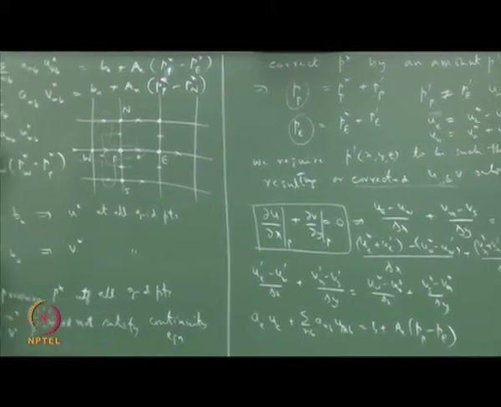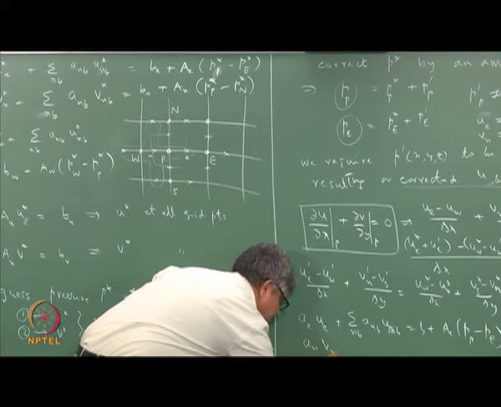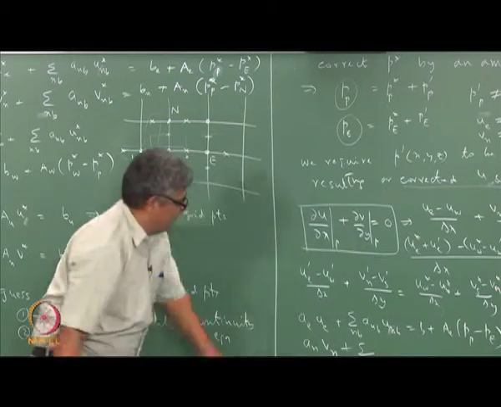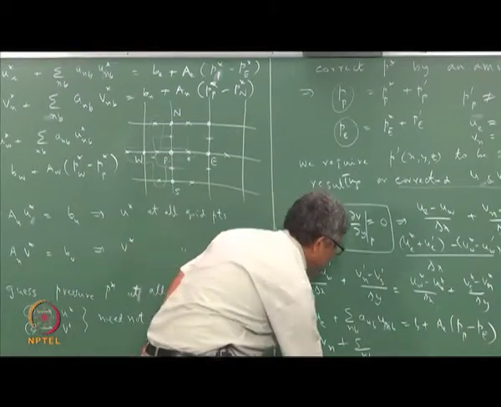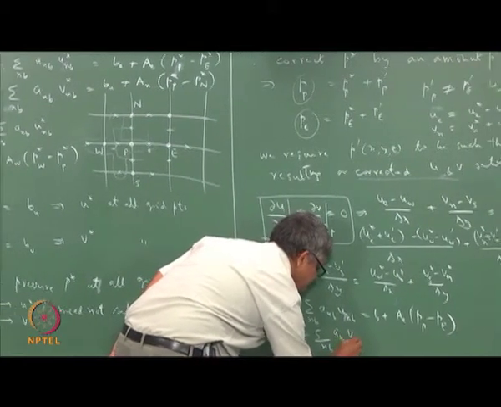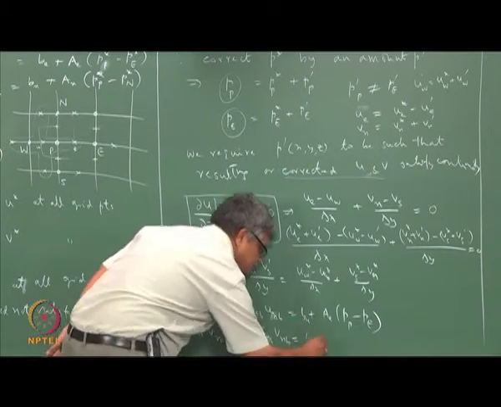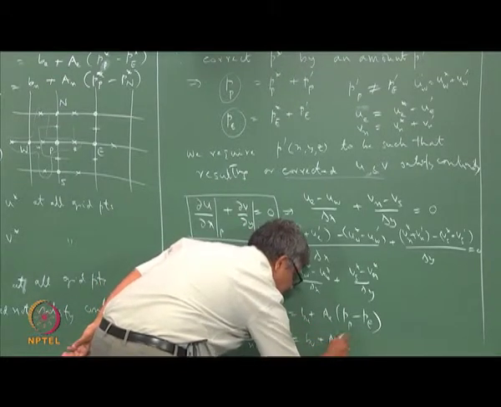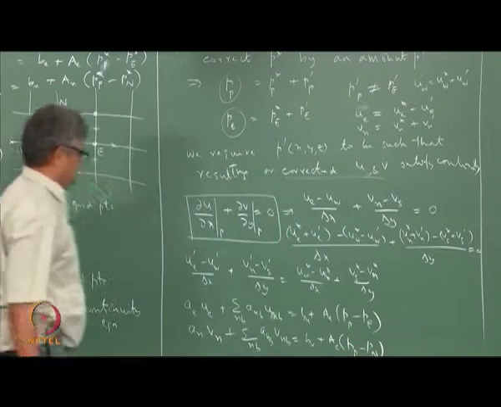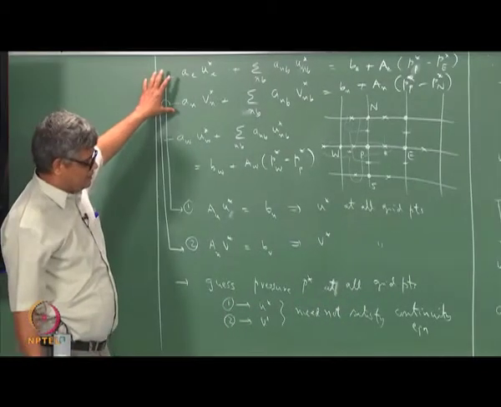And similarly we can write this one here, an vn plus the sum over all the neighboring quantities at which vn is being evaluated, anb vnb, equal to bu and bv plus an times pp minus pn.